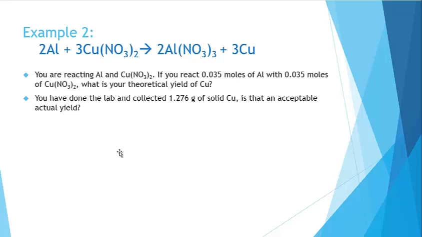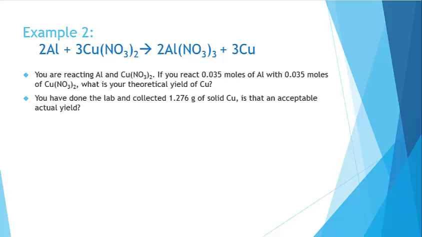So again, you're reacting, I changed my numbers. You're reacting 0.035 moles of aluminum with 0.035 moles of copper nitrate. What's your theoretical yield? So this is really the same problem we just did. I see I changed the numbers though ahead of time here.